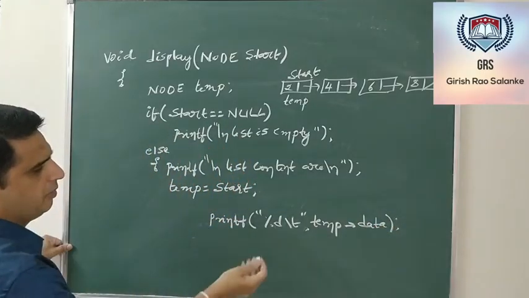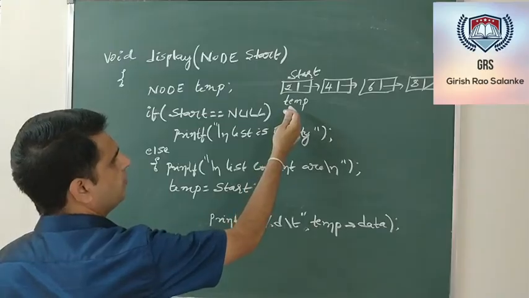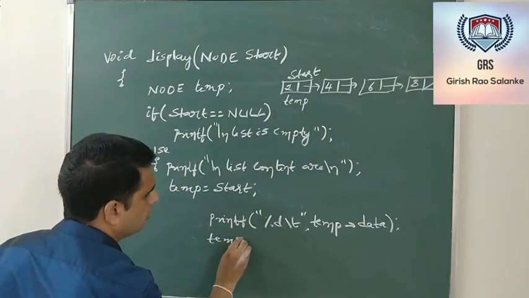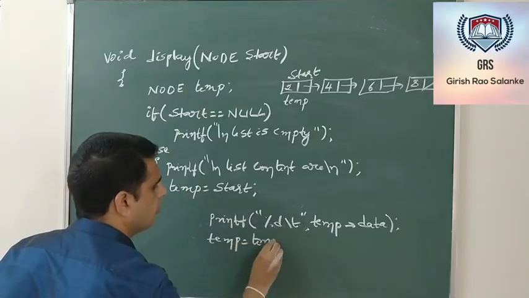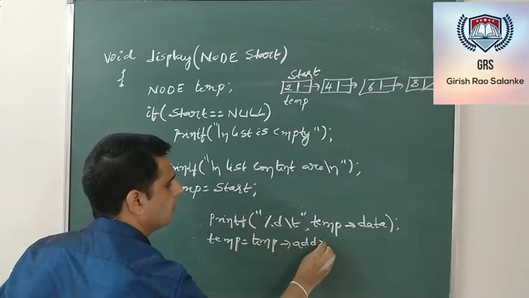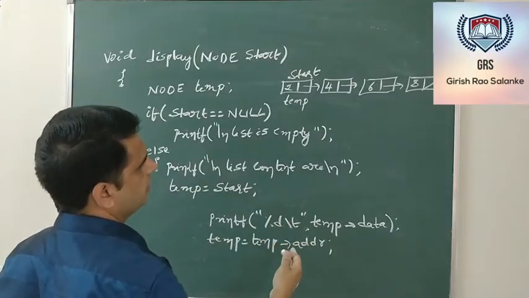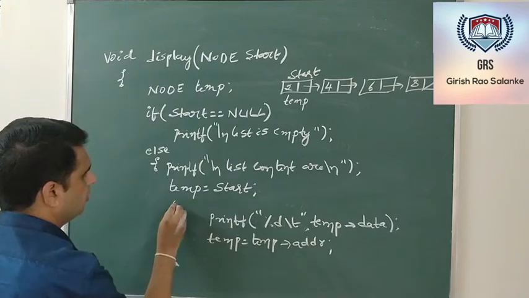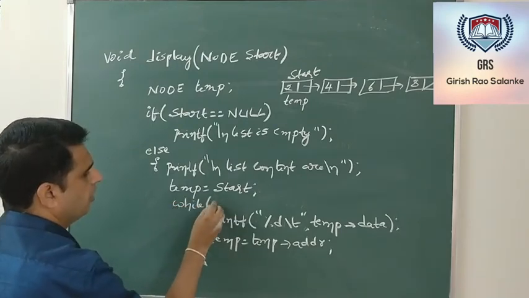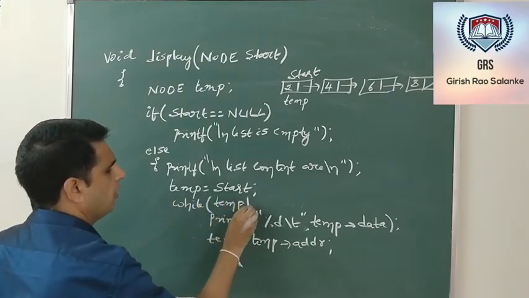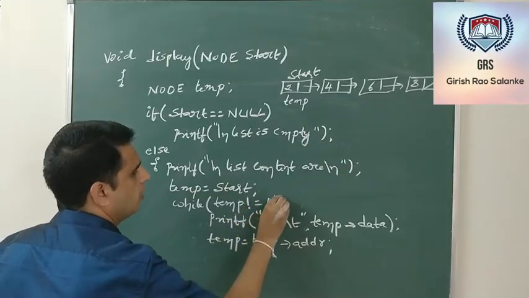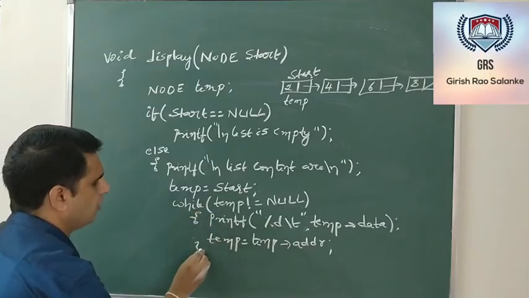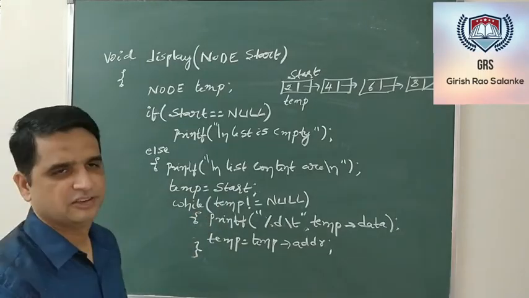Keep printing the temp of data and change the link of temp from the current node to the next node. Temp is equal to temp of address, until temp becomes null. So put these 2 statements in a while loop. While temp not equal to null. Note that I am not using temp of address not equal to null. If I use temp of address, the last node will be skipped.